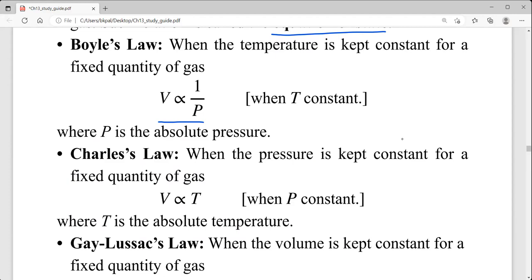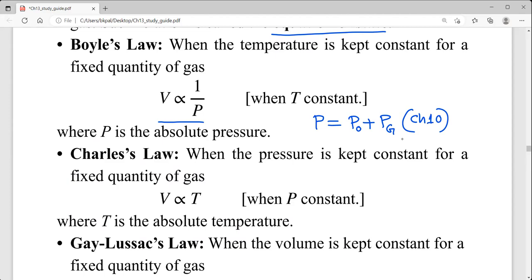So what is the absolute pressure? Absolute pressure is basically the atmospheric pressure plus the gauge pressure. If you forget, please review chapter 10 for absolute pressure.